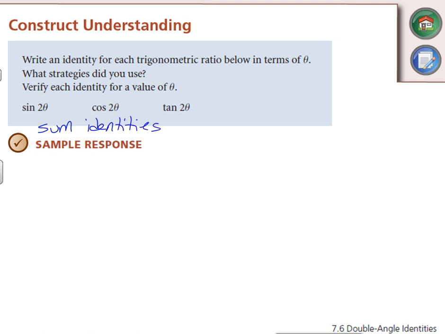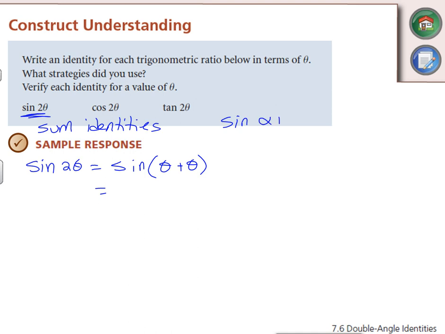We're going to use our sum identities to develop these. So sine of 2 theta, that's the same thing as saying the sine of theta plus theta. That's 2 theta. Hey, we've got an identity that we could work with that.